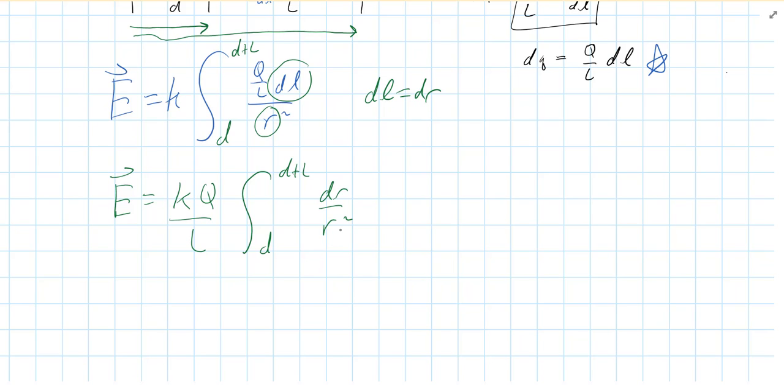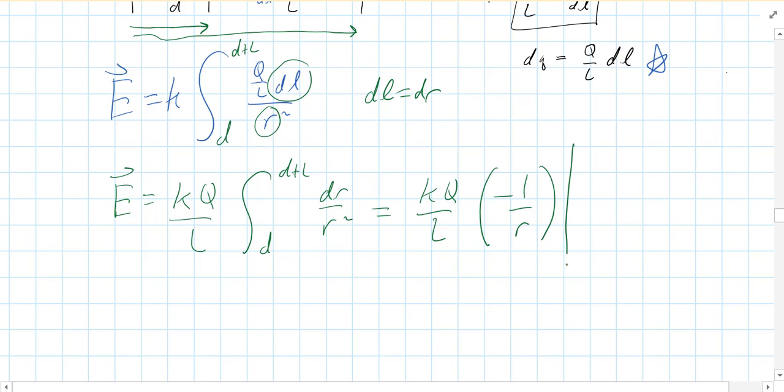So you get r to the -1 divided by -1, which is negative r to the -1, or better known as -1 over r. And so you would rewrite this as kQ over L times -1 over r, and you have to evaluate that with your limits, d to d plus L.